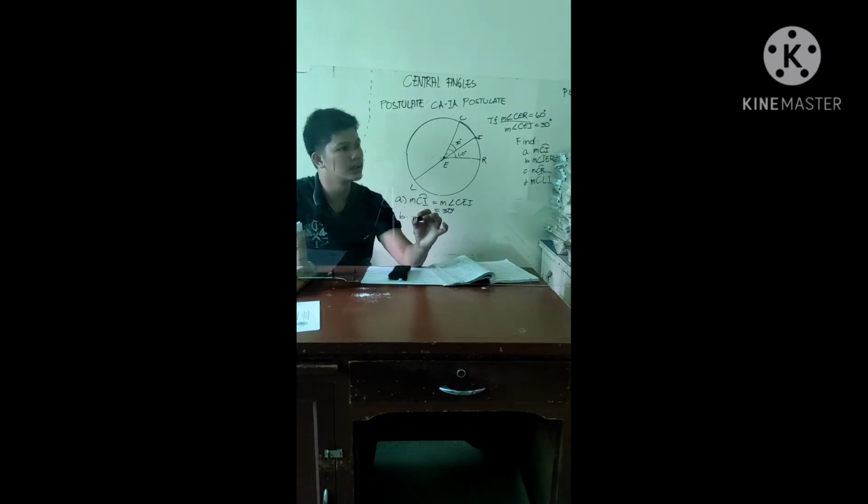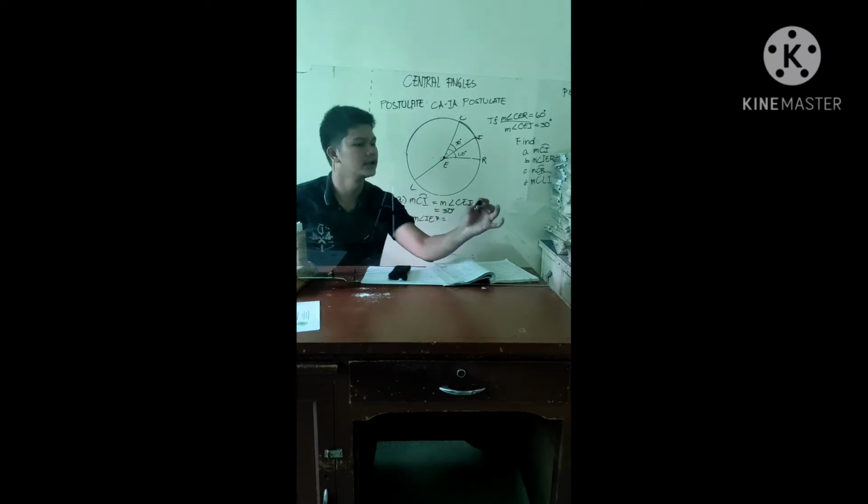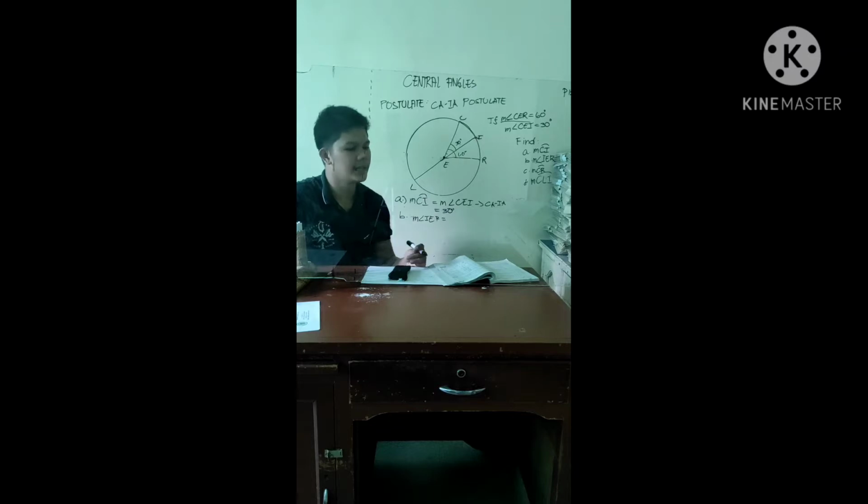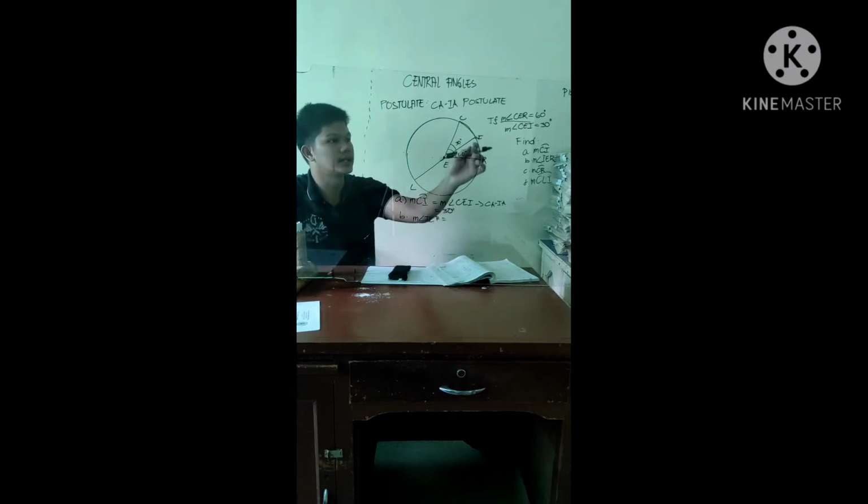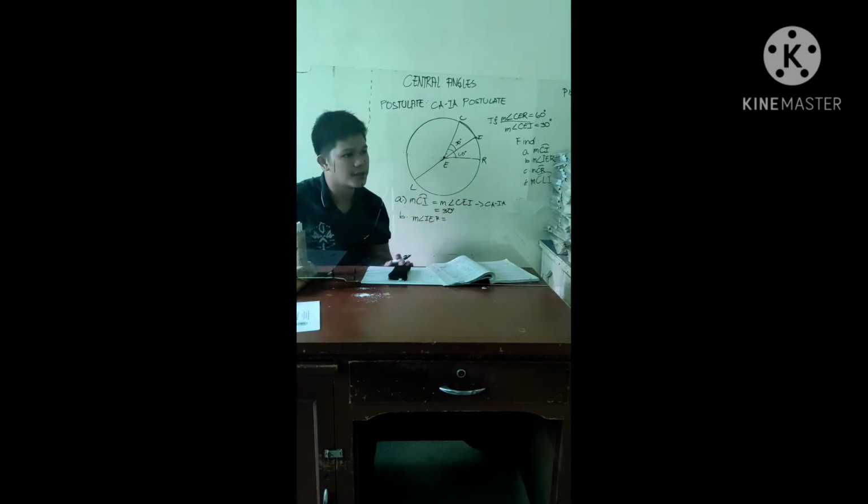Okay, next, letter B. Measure of angle IER. Okay? So, this is the postulate. Next, measure of angle IER. Measurement niya daw. Okay. So, anong gagawin natin?